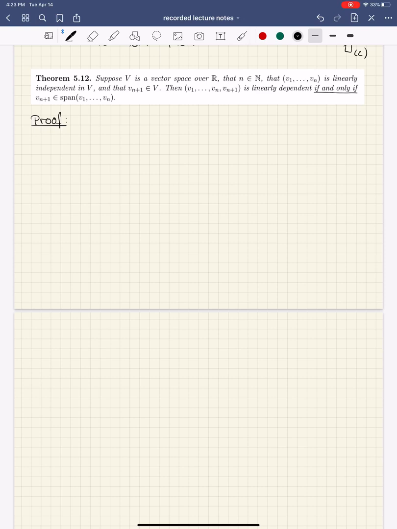We'll see that, but let me point out, if you listen carefully to what I argued first, meaning the implication from the span to linear dependence, you could see that at no time did I actually refer to the fact that V1 through Vn is linearly independent. This will tell you that the implication from right to left does not depend on this assumption. But this assumption is necessary to go from left to right. And I will say something about that at the end.